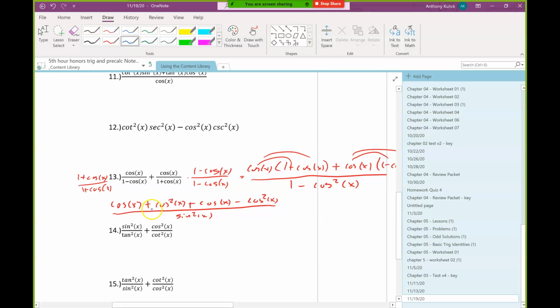And if I combine like terms in the numerator, I have a plus cosine squared and a minus cosine squared. So those are going to combine to give me 0.